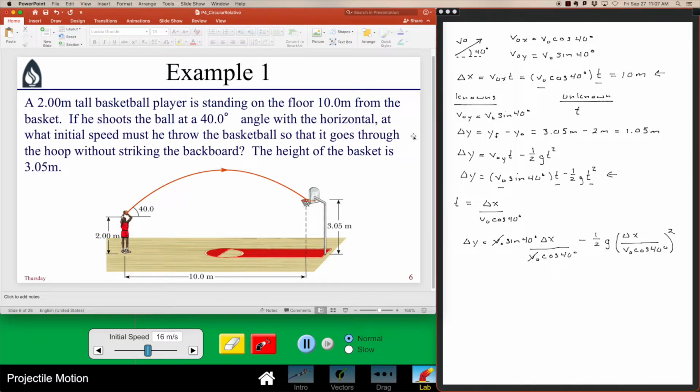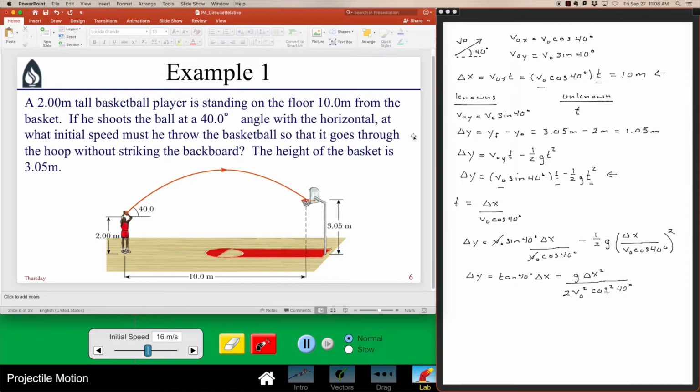So I can rewrite this as delta y is equal to tangent of 40 degrees times delta x minus, and then if I expand the squared, I would have g times delta x squared divided by 2, can't forget my 1/2, V naught squared cosine squared 40 degrees.